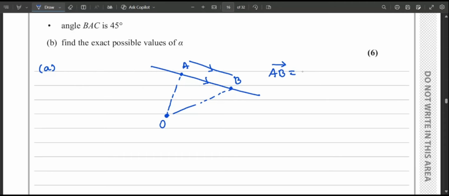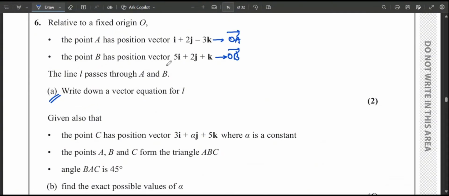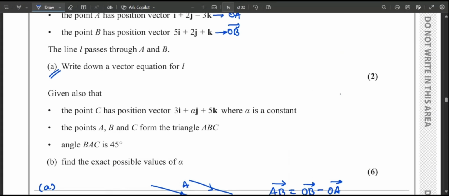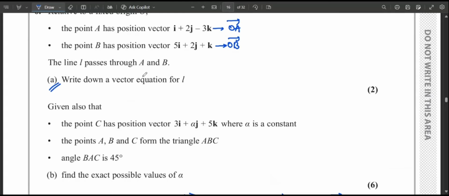So to find AB, I can write that vector AB is equal to OB minus OA. We know that OB is equal to, from our question, 5i plus 2j plus 1k. We can now subtract OA from this. OA is equal to 1i plus 2j minus 3k.